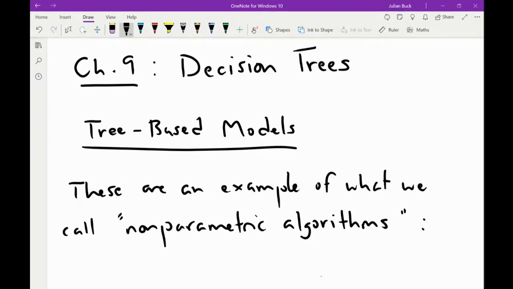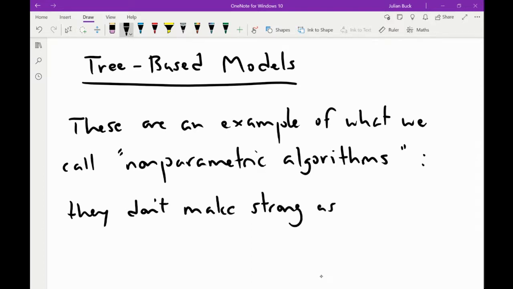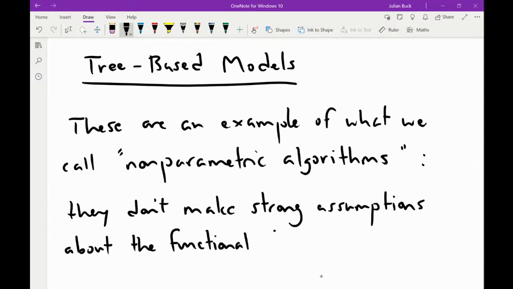And what this means essentially is that at the start of the process, the algorithm doesn't make a strong assumption about what the model should look like. So they don't make strong assumptions about the functional form of the model.